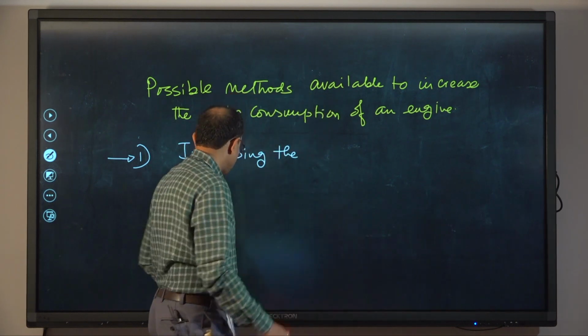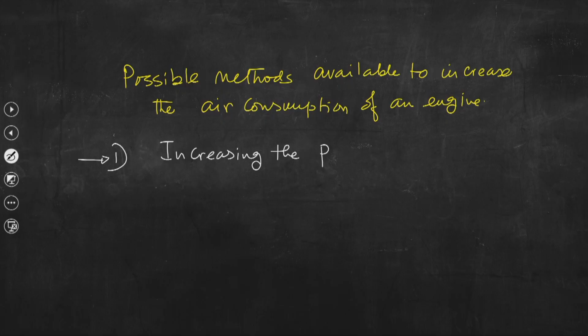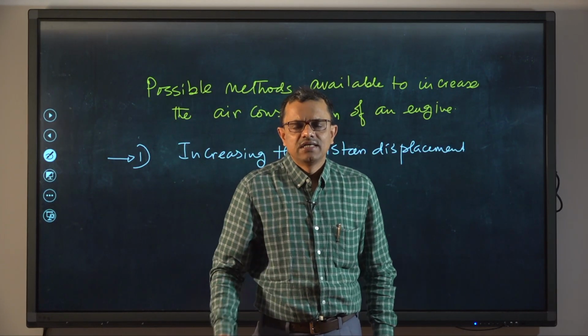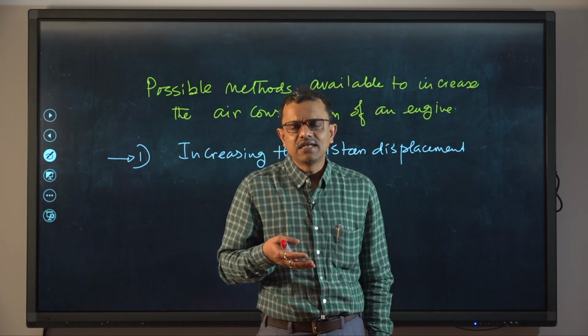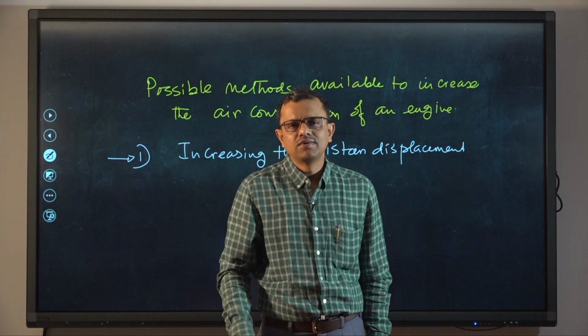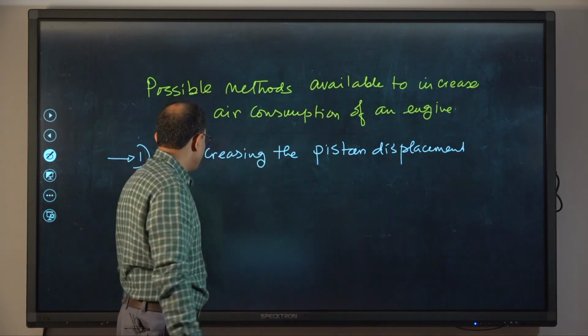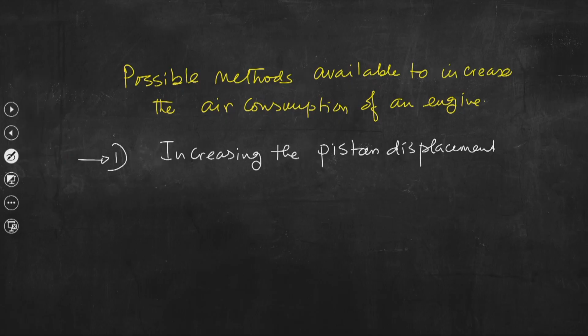But if we try to increase the piston displacement, you can understand that the engine will be bulky, the cylinder will have a larger length, and the weight also will be more. So, this is again not a viable option to increase the air consumption of an engine. Okay. So, this is not possible.